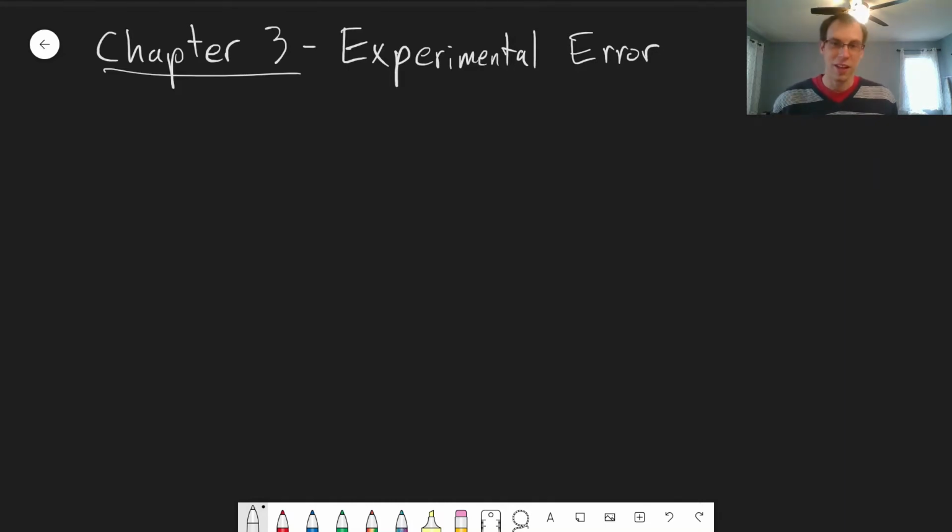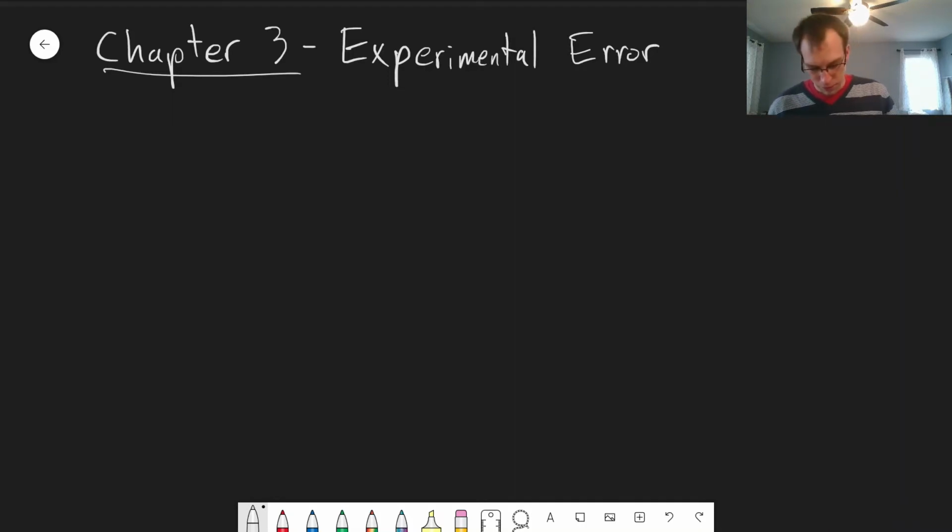All right, so this should be review, but just want to make sure that you remember how to account for significant figures if you haven't thought about it for a while. And we'll see that these significant figure rules really come from a more fundamental examination of error in the idea of propagation of uncertainty, which we'll get to at the end of this chapter.